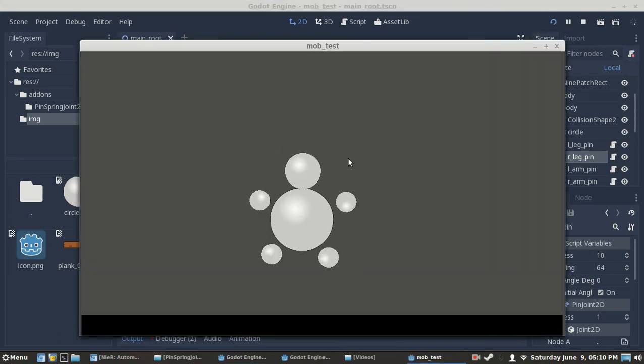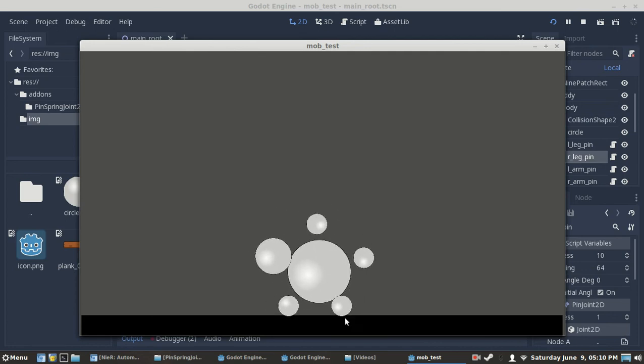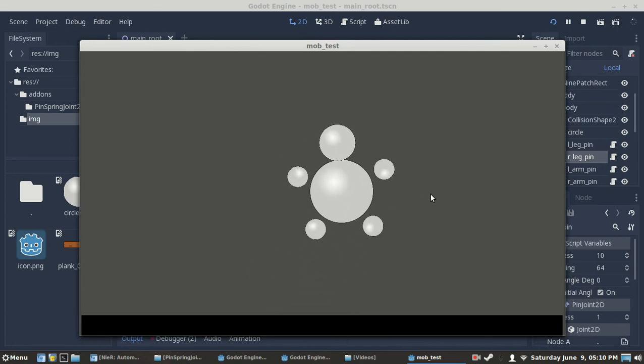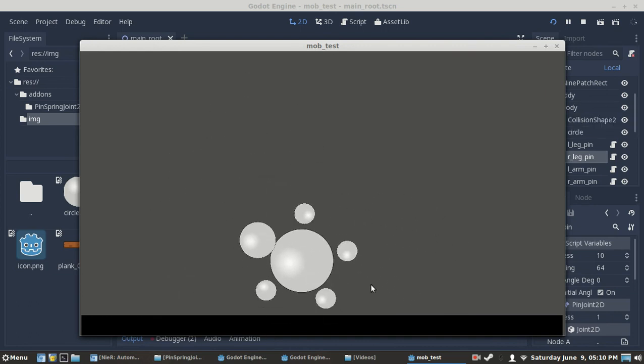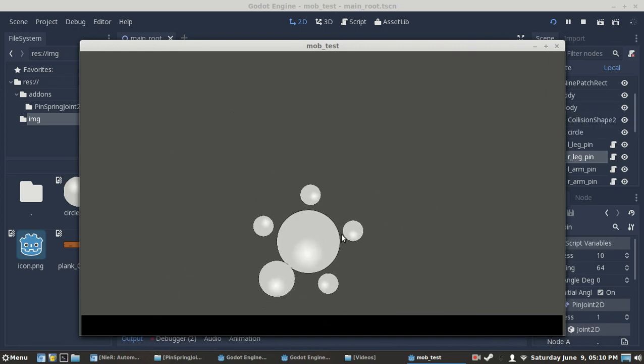It's super easy to add a bunch of them, and this is what I needed it for. This little guy with springy little limbs, coming along pretty well. But yeah, that was a devlog.